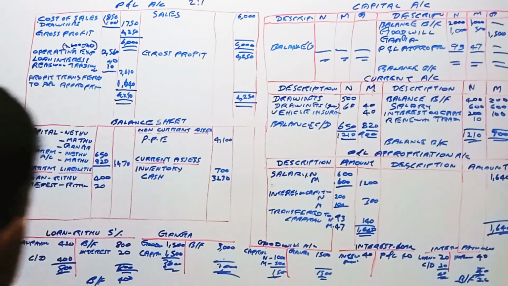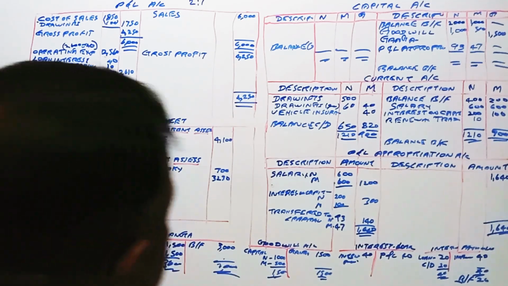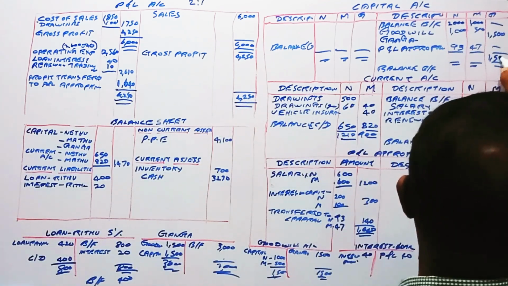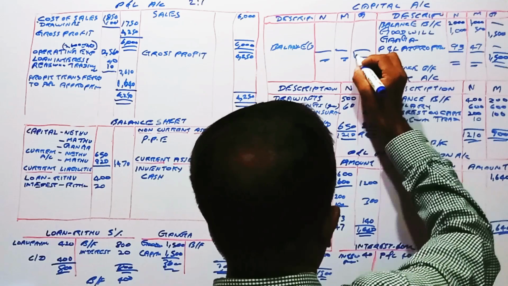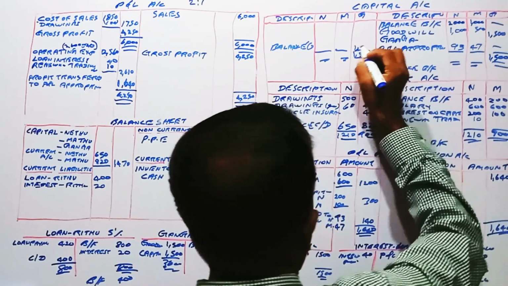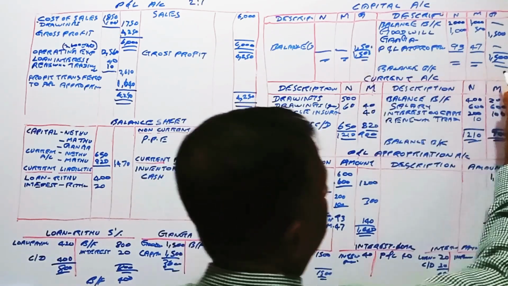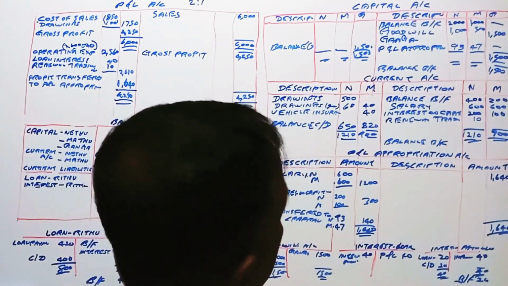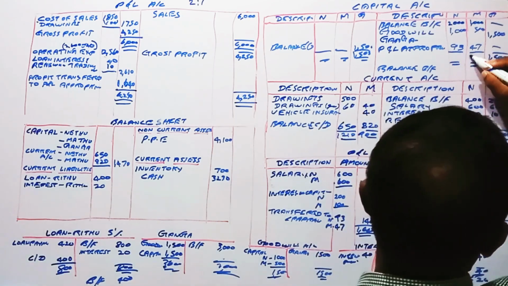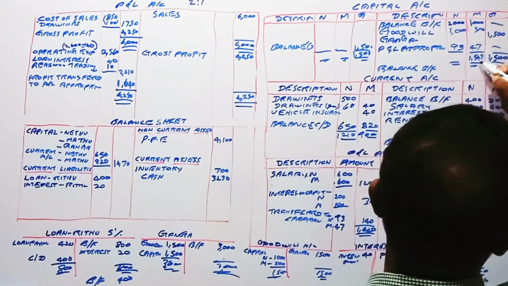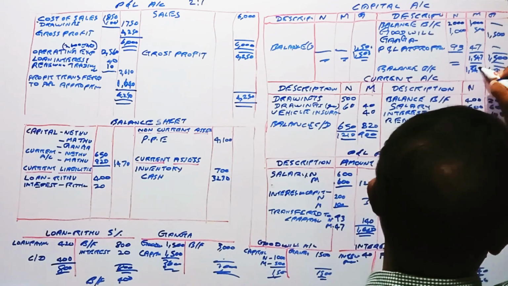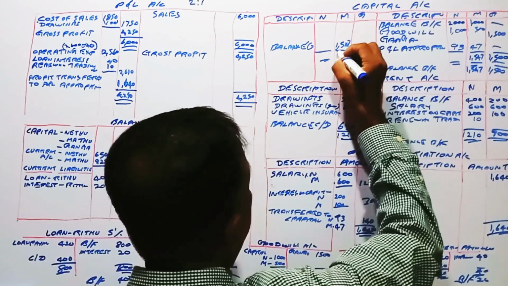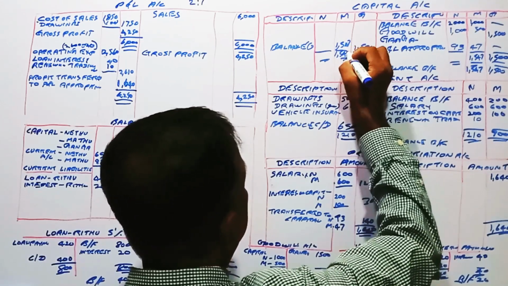So right, so here capital account 1,500,000, 1,500,000, right? 1,547,000, right?